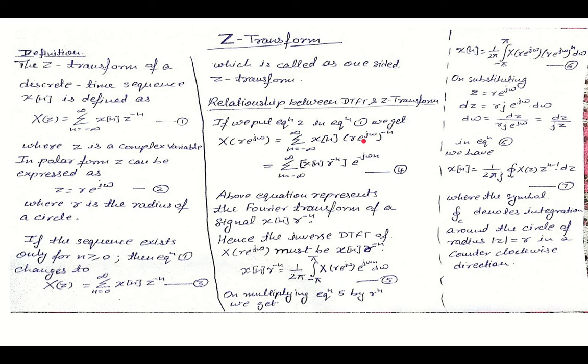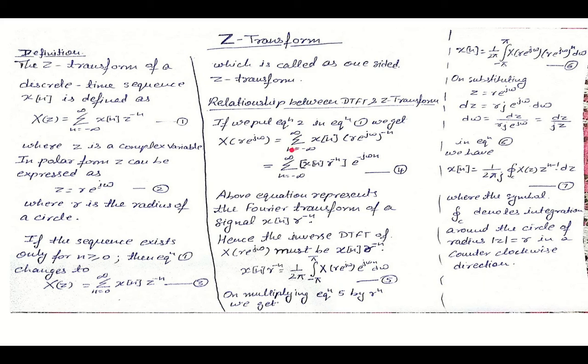Now if I take this minus n inside, it will result in r to the power minus n into e to the power j omega minus n, and if I take x[n] and r to the power minus n together, my summation becomes the sum from n equal to minus infinity to plus infinity of x[n] r to the power minus n into e to the power minus j omega n.